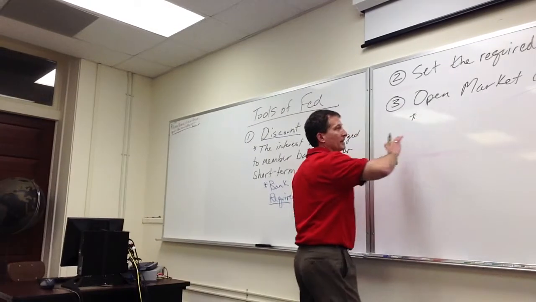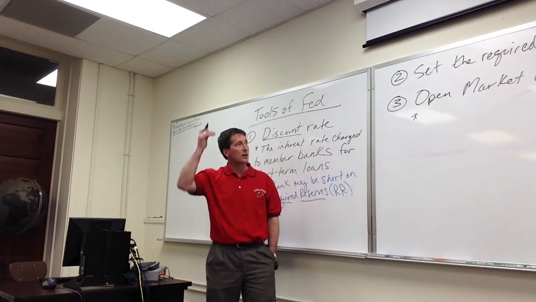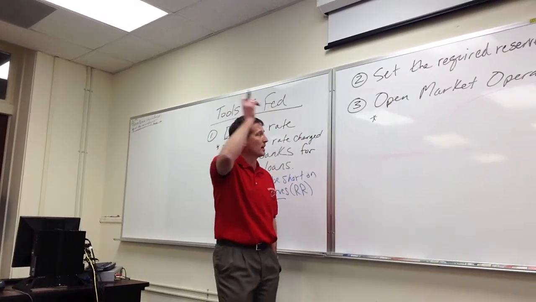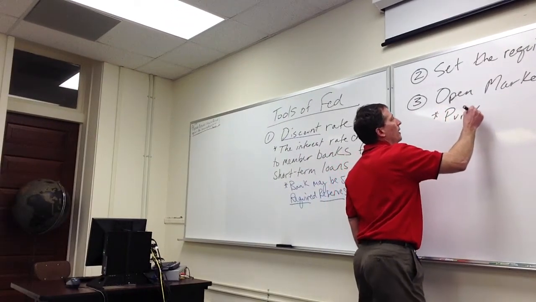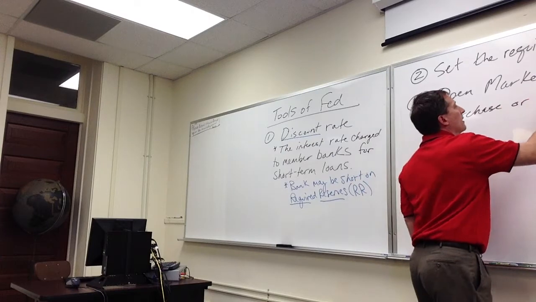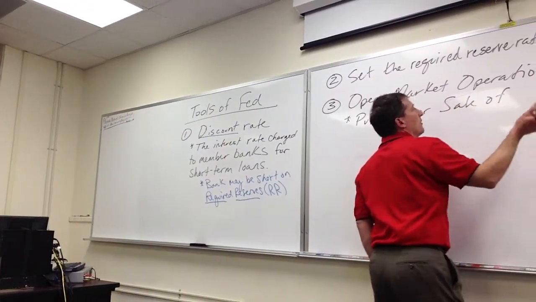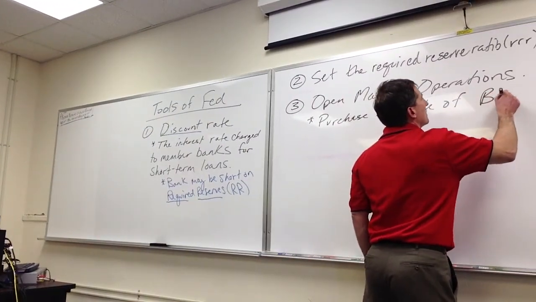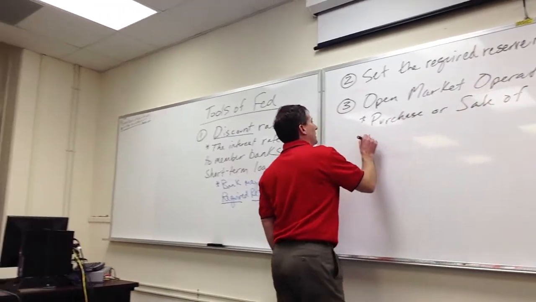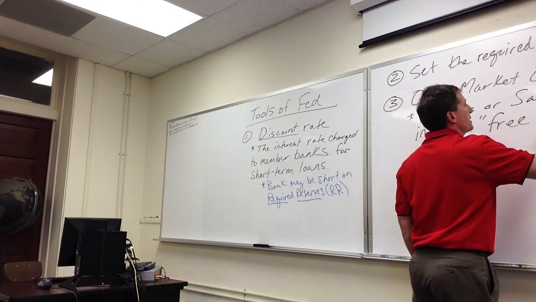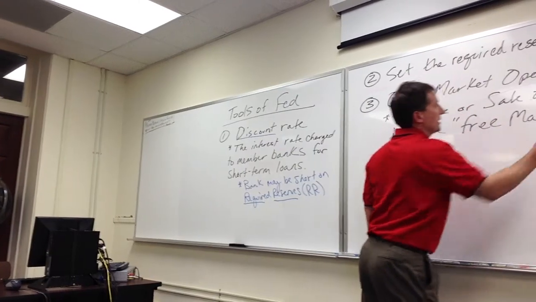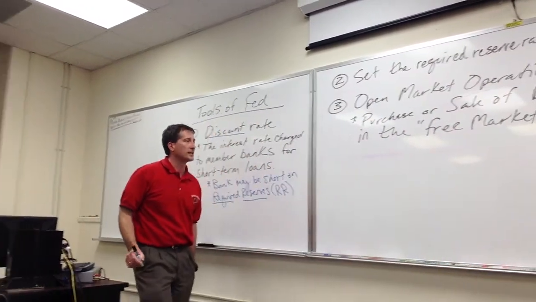So they are going into the marketplace and purchasing bonds, typically government bonds. We'll talk about bonds here in a second. So this is the purchase or sale of bonds in the, let's just put quotes here, free market, meaning just private individuals can buy and sell bonds.